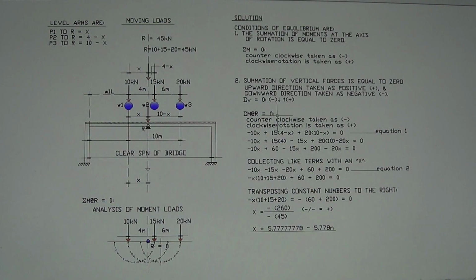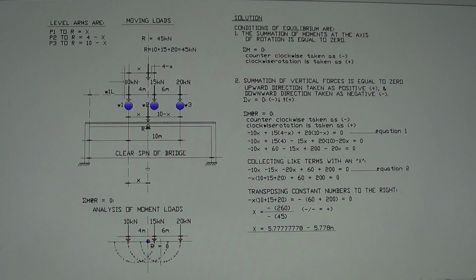The reason why it is equal to 0 is the condition of equilibrium. So all of the forces here are in equilibrium at that point R, right? It's like you have a balance, and that point here is the distance of X from wheel 1.